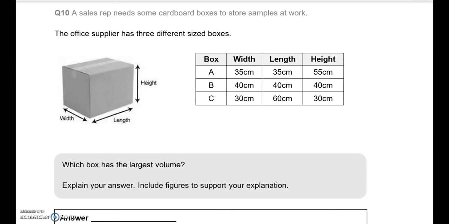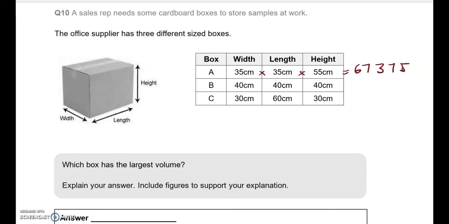We need to work out the volume of each of these boxes. So the first one, 35 times 35 times 55. And that gives us 67,375.